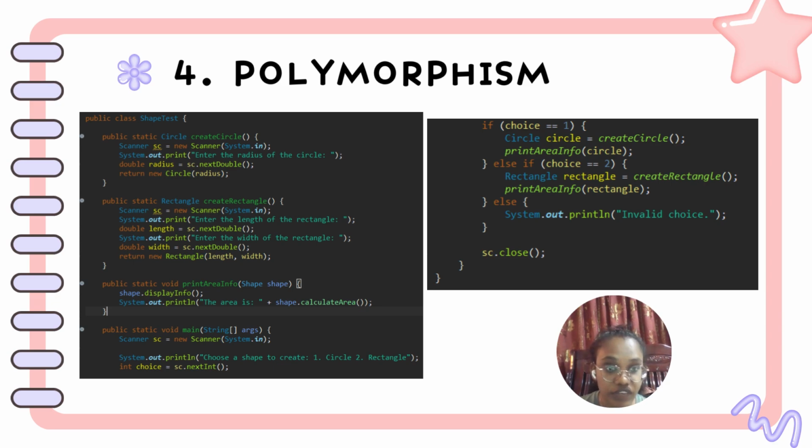So we give a choice, and we can select only one: one is the circle, two is the rectangle. If we enter three or four, the output will be "invalid choice".